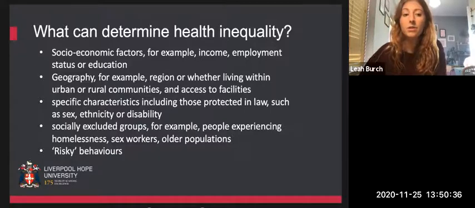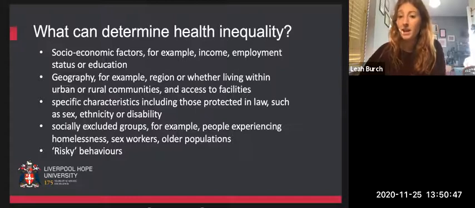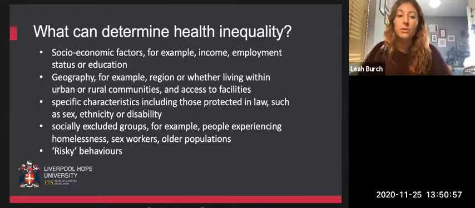So these are groups of people that might be at risk of further marginalisation from society, which then can lead to huge implications in being able to access health support and the ability to actually make healthy choices and lead healthy lifestyles.